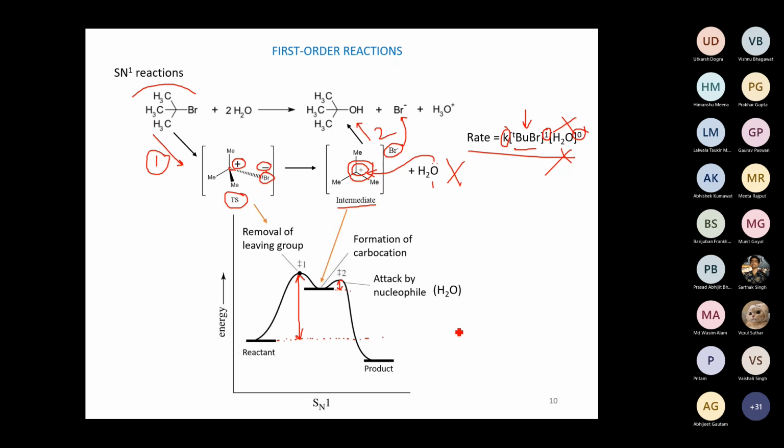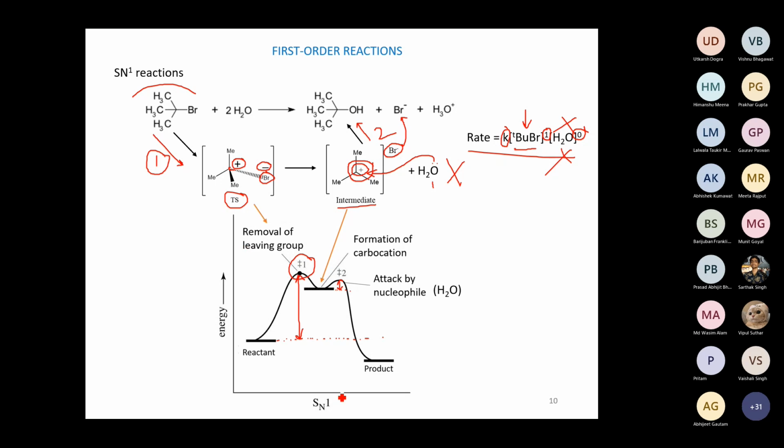So the rate law can easily tell what kind of molecules are involved in the transition state of the rate limiting step. If water were involved, then definitely the second step would be the rate determining step. But it shows that t-butyl bromide is involved in the rate determining step, so the first step is associated with the higher barrier compared to the second step.